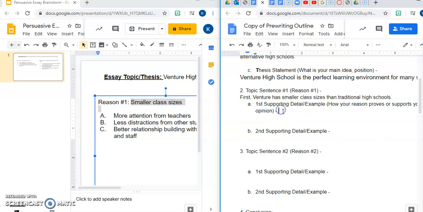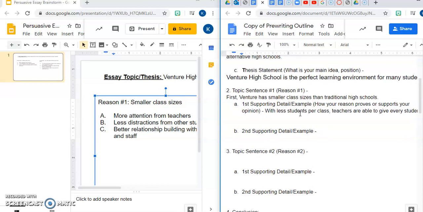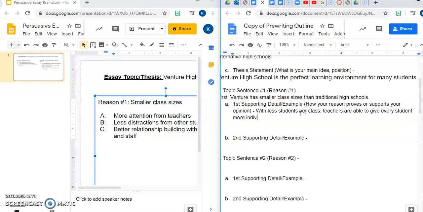Okay, then I want you to have at least 2 supporting details or examples below that. Everything that this A and this B need to point back to the fact that there are smaller class sizes, okay? And we already brainstormed those over here. With fewer students per class, teachers are able to give every student more individualized attention. Okay.